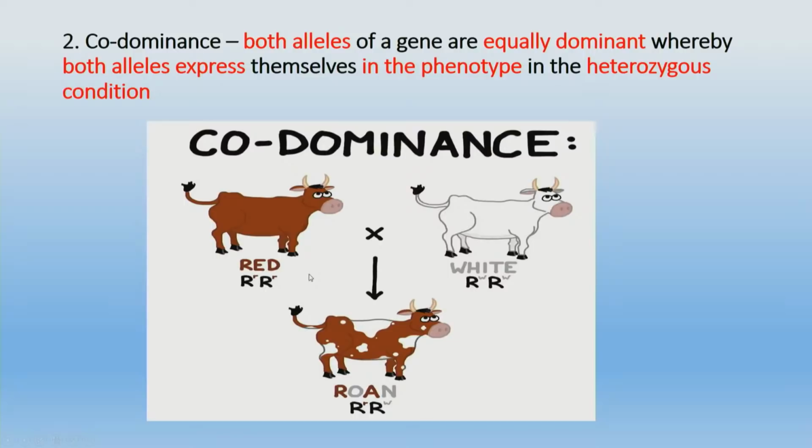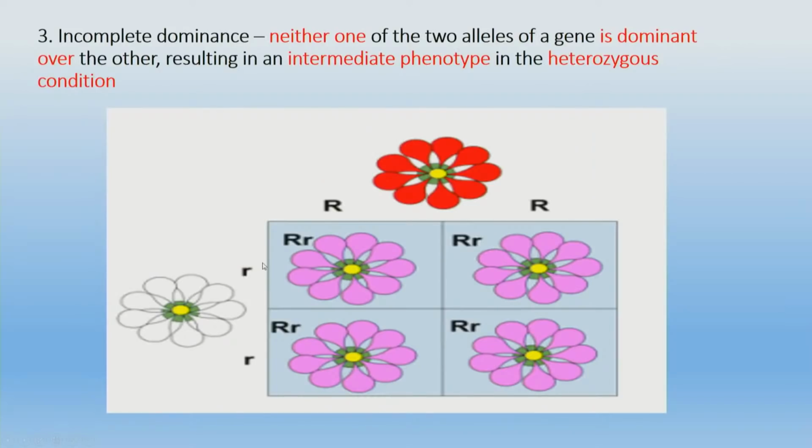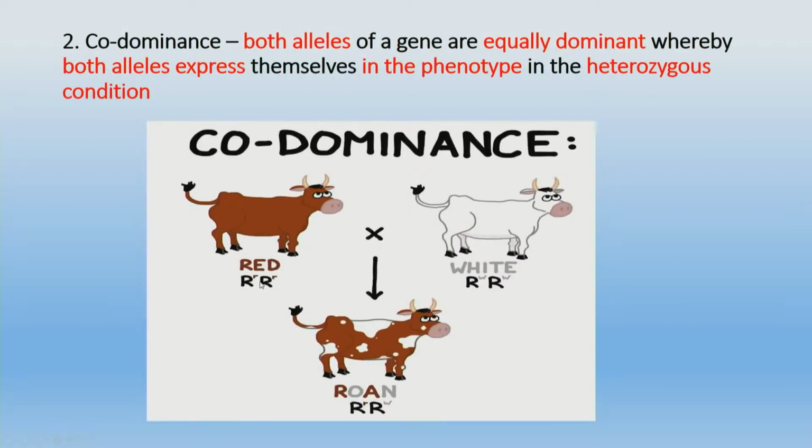Now what happens in the exam is the learners wrote both alleles are equally dominant and equally expressed in the phenotype. It's not equally expressed in the phenotype. They are both expressed in the phenotype, but it's not necessarily equally expressed. But this is codominance.